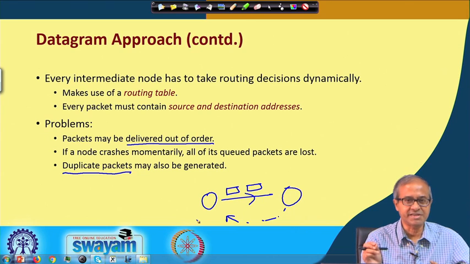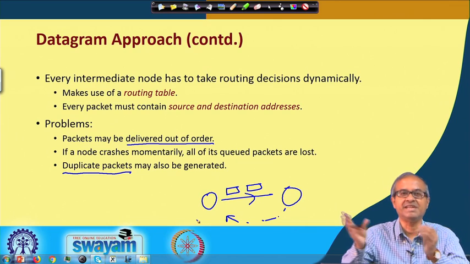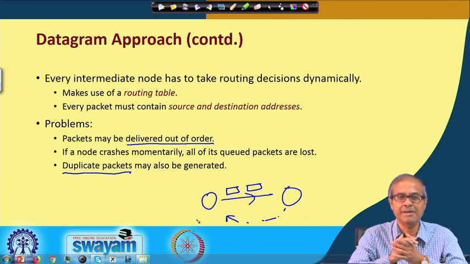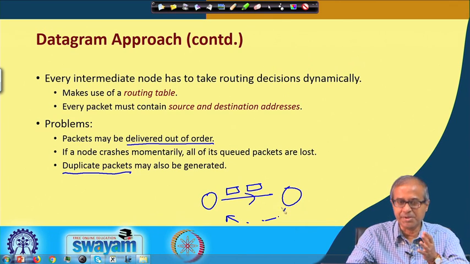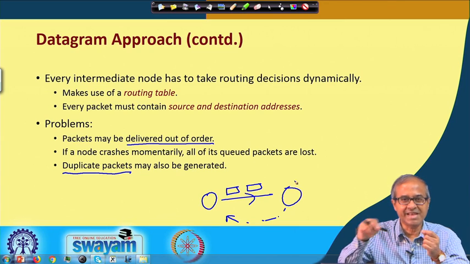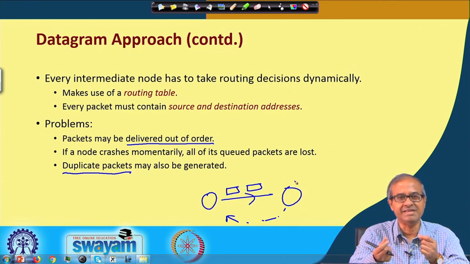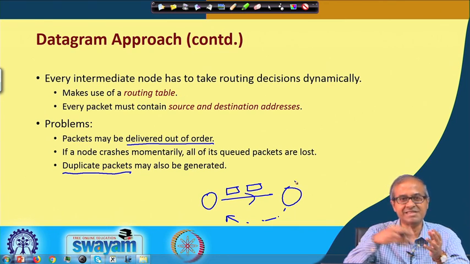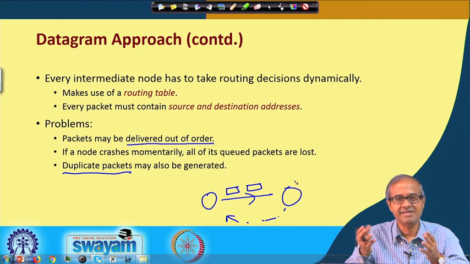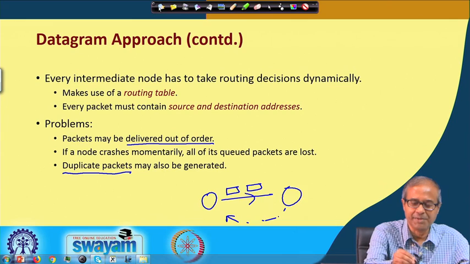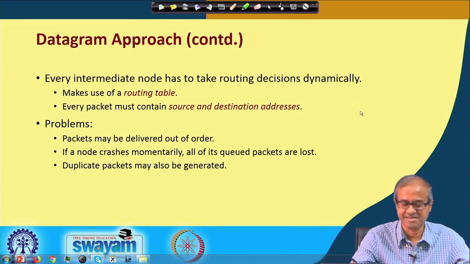If the acknowledgement does not come, the sender will assume that there is something wrong, let me send it again. Okay? But it may so happen that because of some other problem, the acknowledgement got delayed. But if the sender sends the same packet again, there will be duplicate which will be generated, right. So, some duplicate packets might get generated.